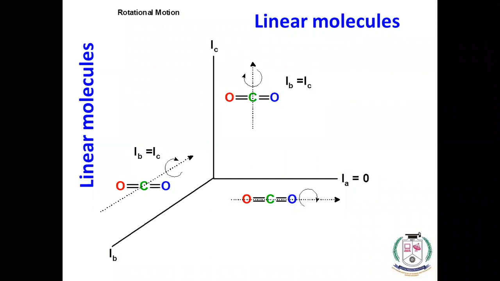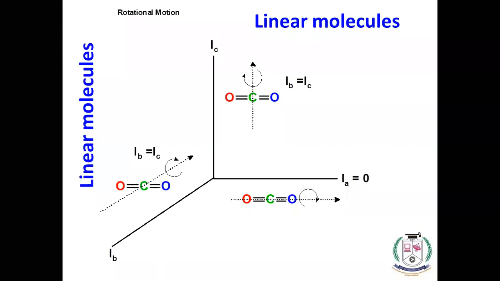Y and Z are perpendicular, and this axis goes through carbon. So the moment of inertia in the y-axis and z-axis will be equal, and in the x-axis it will be 0. For linear molecules, IA is 0 and IB equals IC. This is the requirement for a linear molecule.